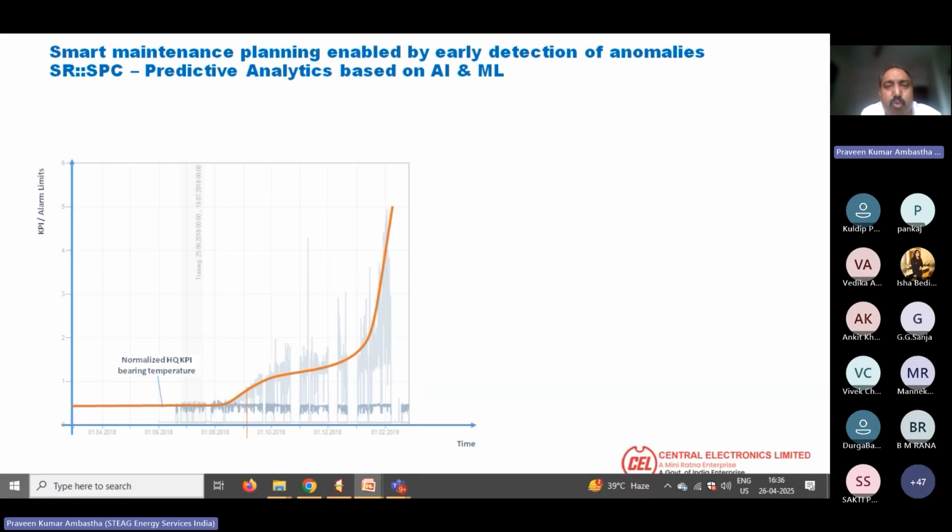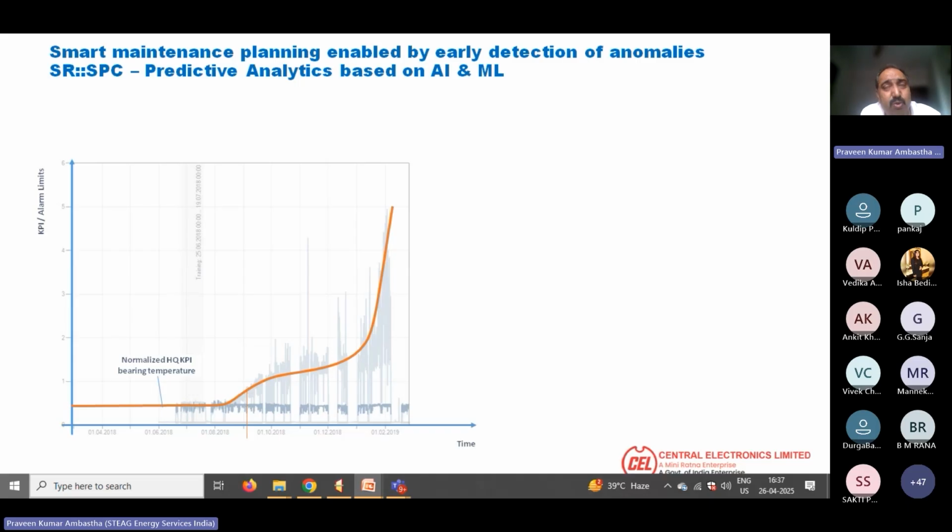Let us suppose ID fan vibration monitoring, bearing temperature, turbine vibration monitoring, or vacuum monitoring. So we are using this AI ML technology for predictive analysis of a fault well before the fault occurs.